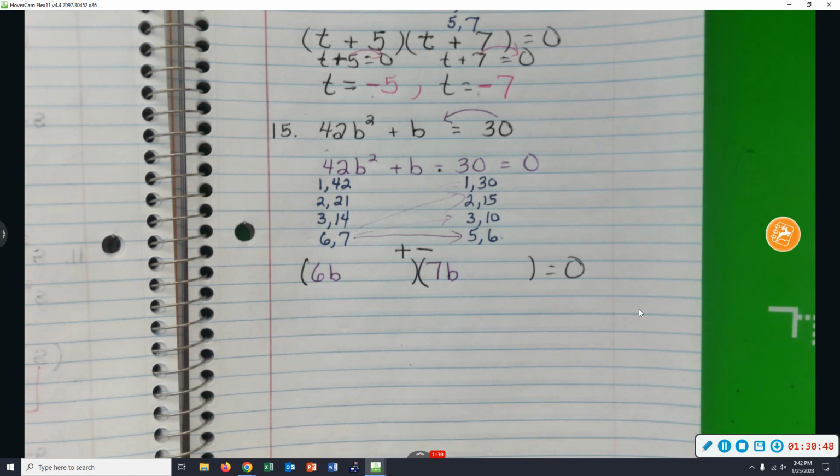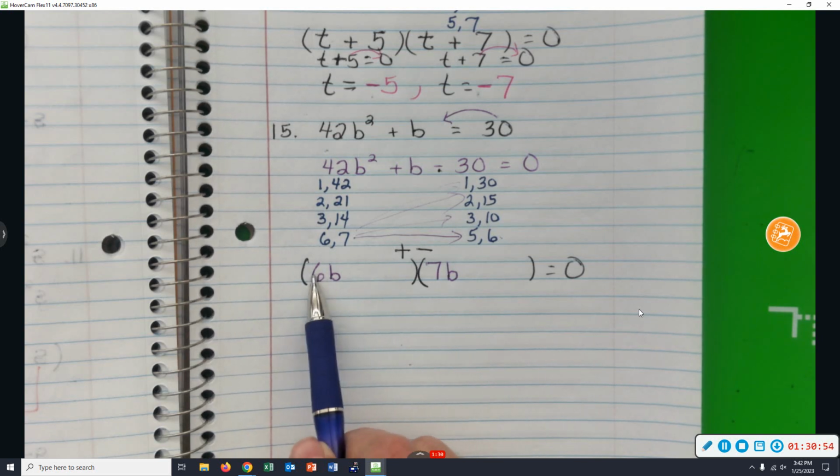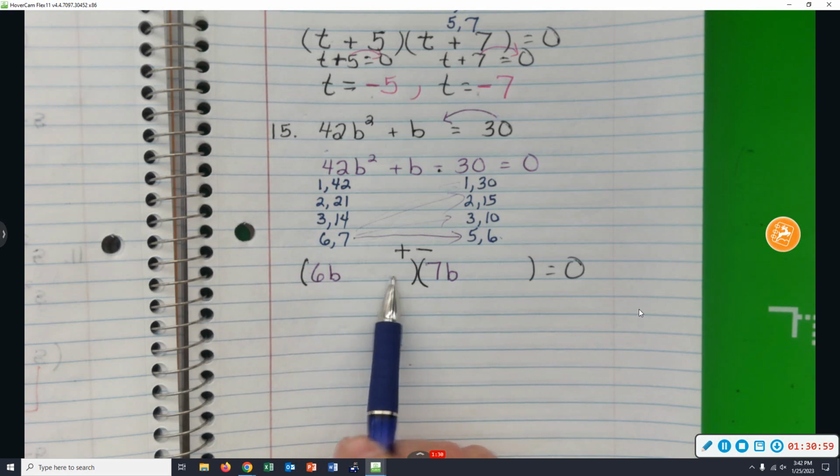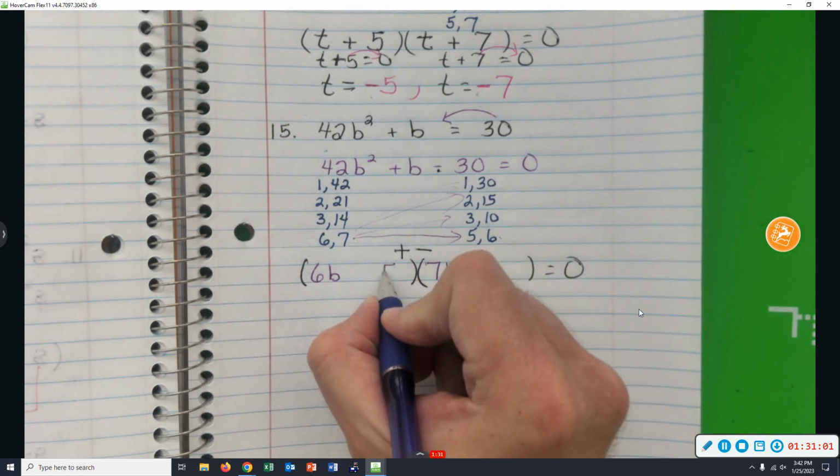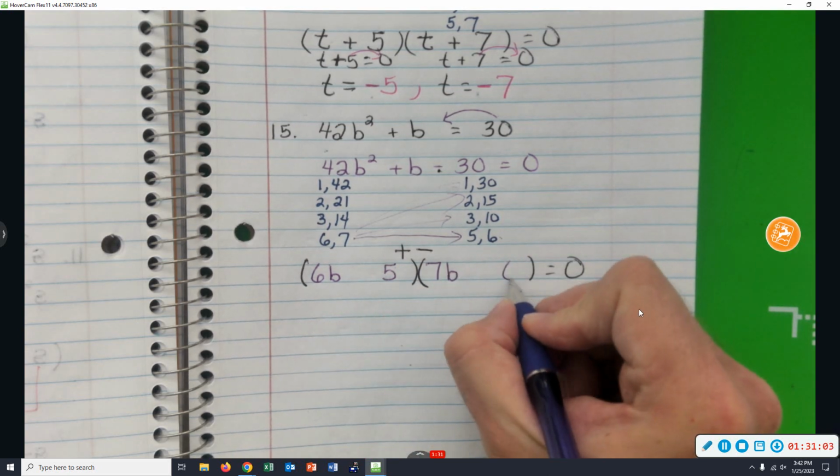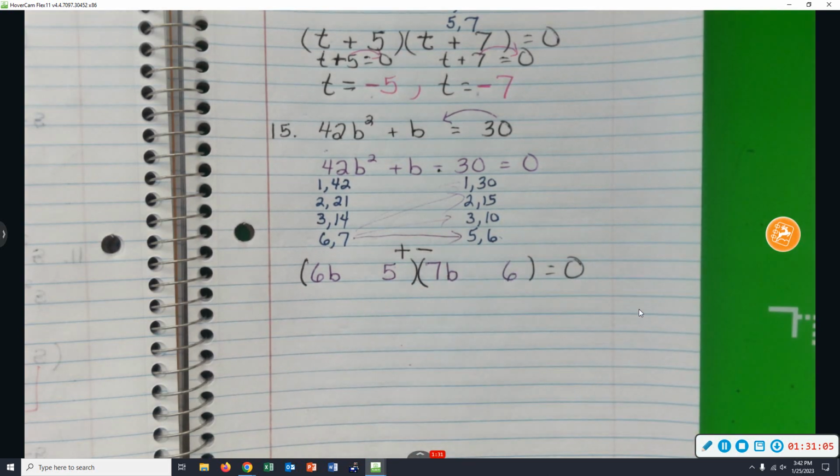If that's going to work, I can't have the 6 here, because if I did, I'd have a common factor of 6, wouldn't I? So I'm going to try it with the 5 here, and the 6 there. Y'all caught up with me?